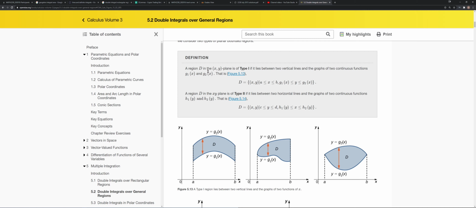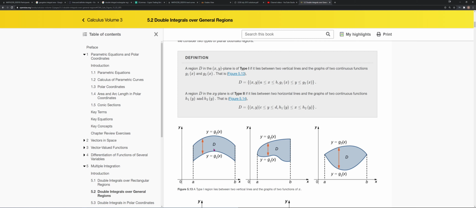A region in the xy plane is type 1 if it is lying between two vertical lines, x equals a and x equals b. Notice this region here is lying between x equals a and x equals b. And the points in your region lie between two curves of the form y equals g1 of x and y equals g2 of x.